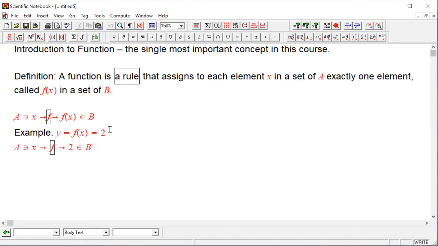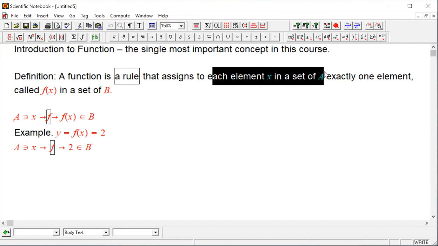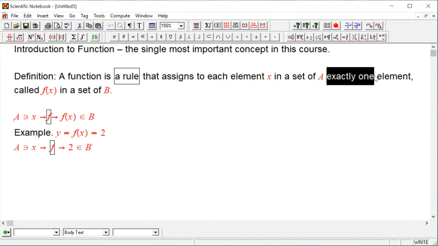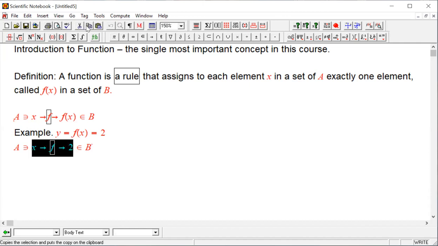Once we understand this rule will assign to any input, any element in the set A, exactly one element, and here the exactly one is 2. Meaning, if I give 0 to be the input, the output is going to be 2.